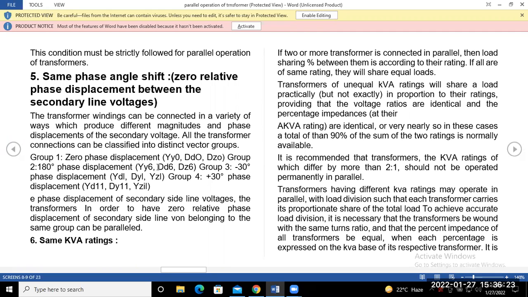And what is mentioned by 0, 6 and 1? 0, 6 and 1.